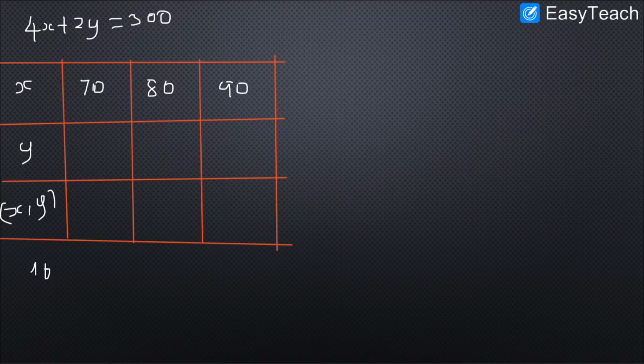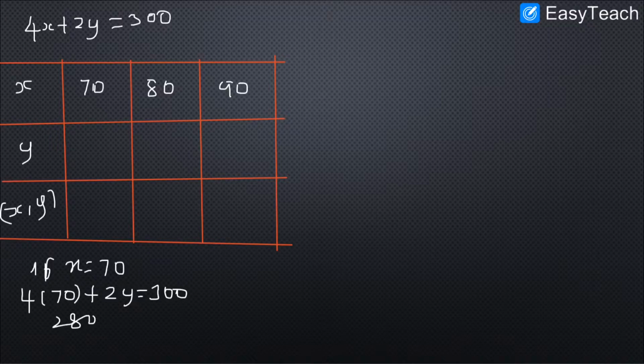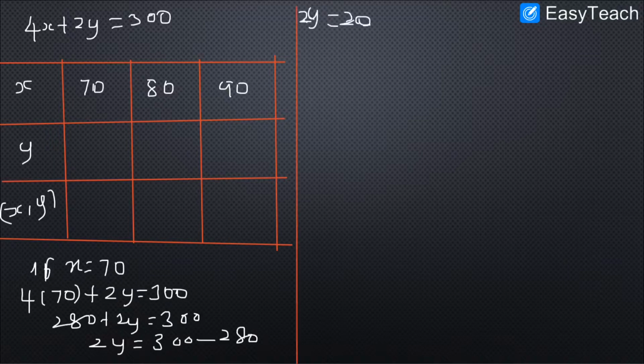Okay, let's try. If x equals 70, in the equation, 4 into 70 plus 2y equals 300. 280 plus 2y equals 300. And 2y equals 300 minus 280. y equals 10.